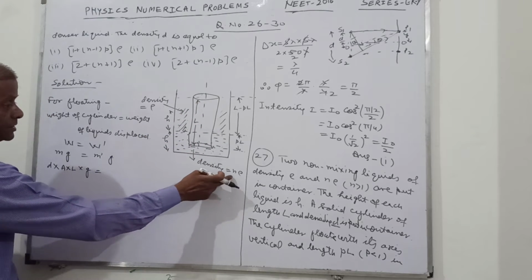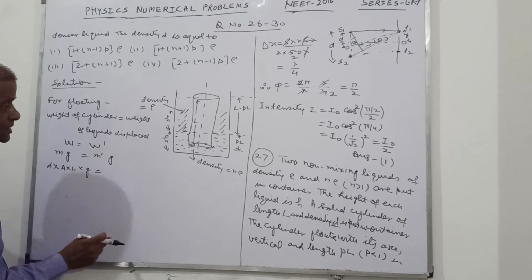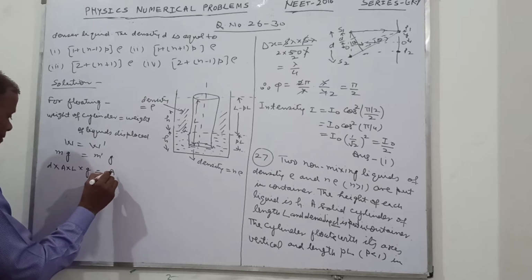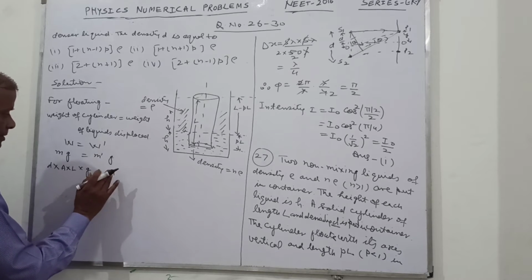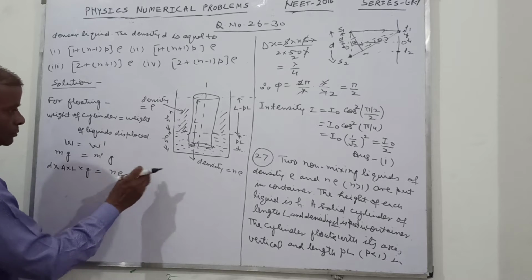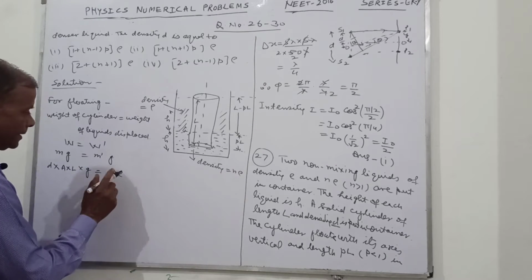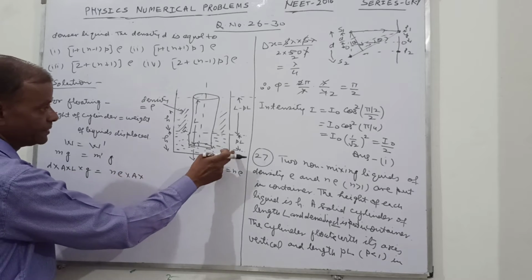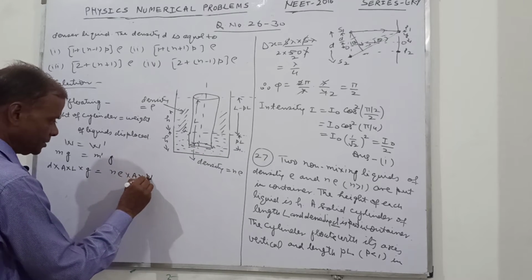So in the first liquid, the density is n rho. So here this A into L, and the length is PL.